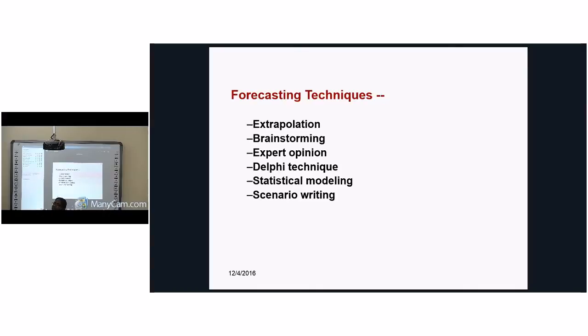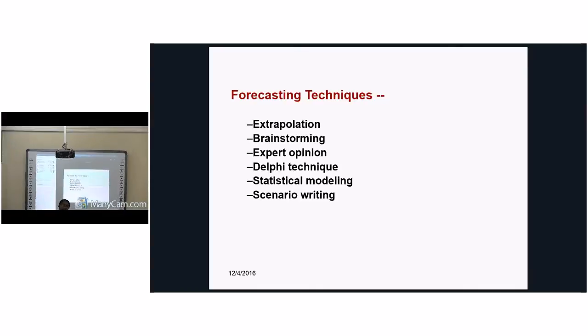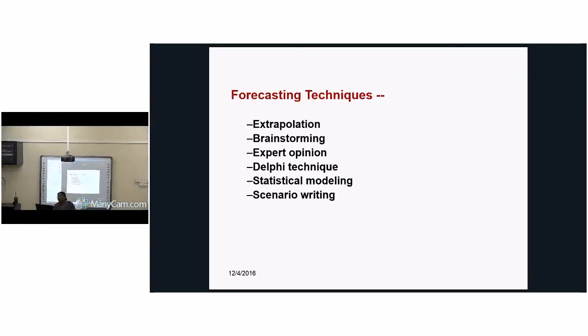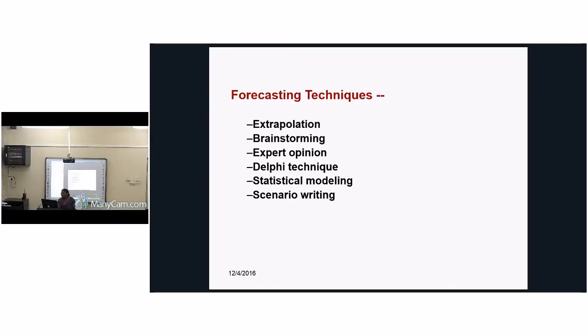There are different types of forecasting techniques.